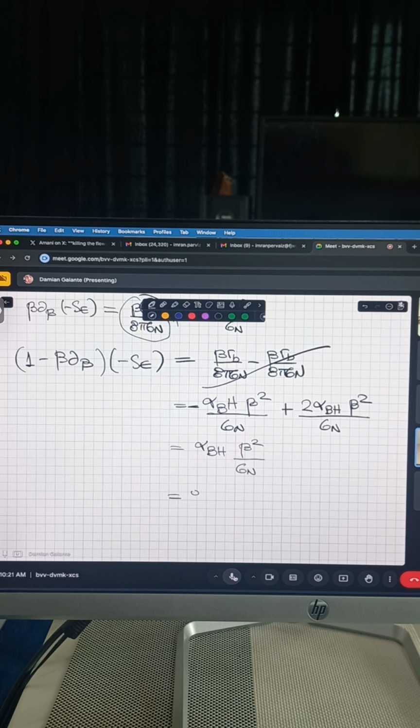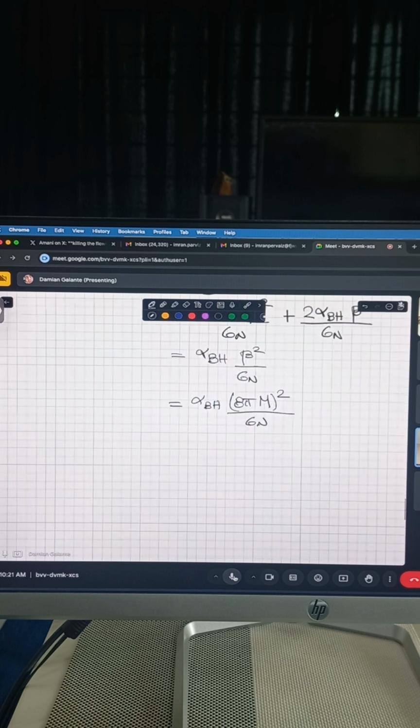But beta squared is nothing more than alpha beta h, this is 8 pi m squared over G Newton. And so basically this gives that S black hole is equal, as promised, alpha beta h 64 pi squared m squared over G Newton.